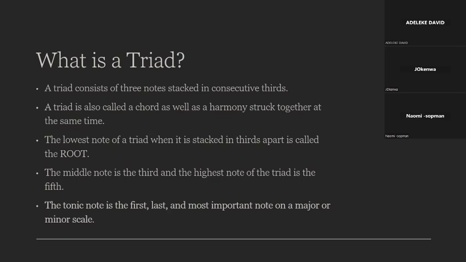If I have a scale, call it C major, what is the tonic note of that scale? C. Why C? Because C is the start of the C major scale. Correct. So C is the start or the first note of C major scale, and C is also the last note of C major scale. Is that okay?